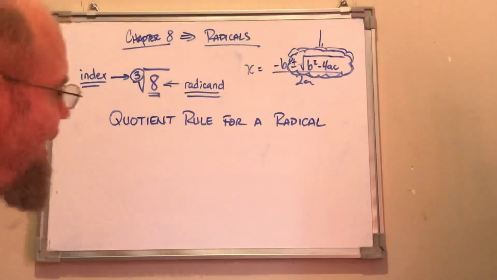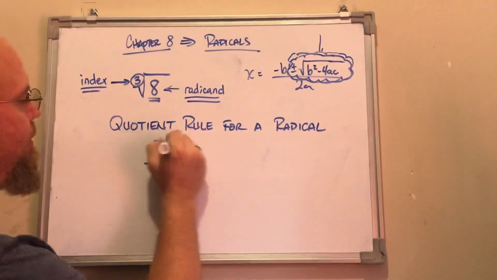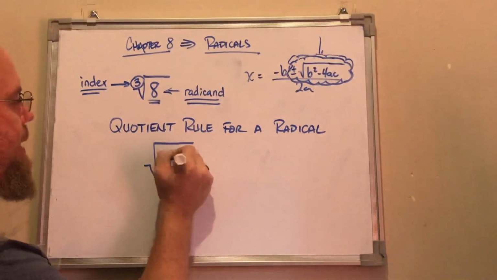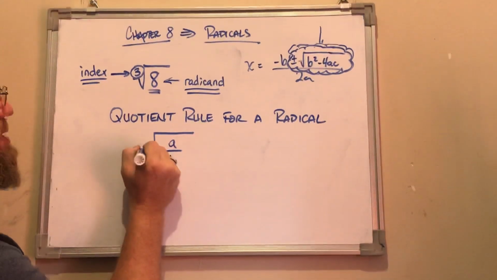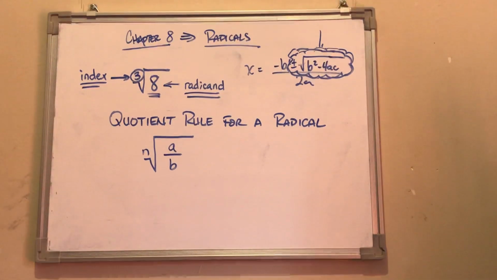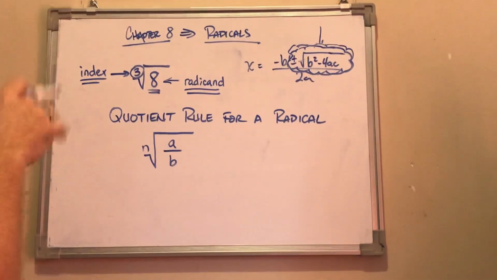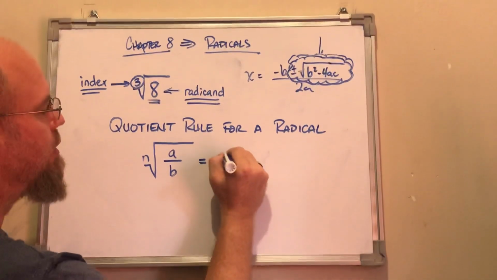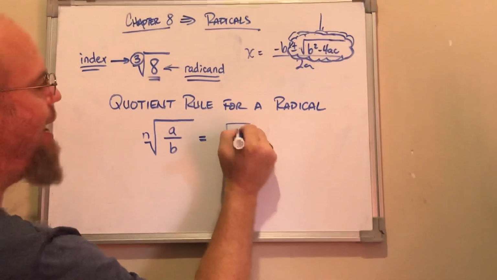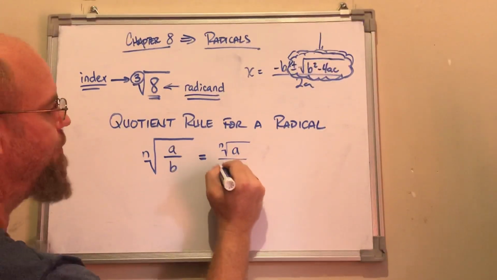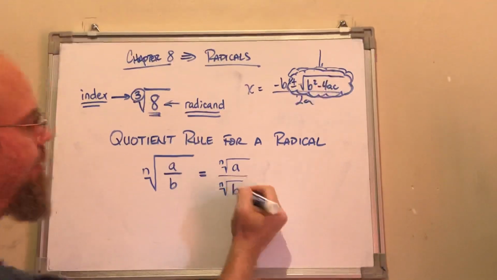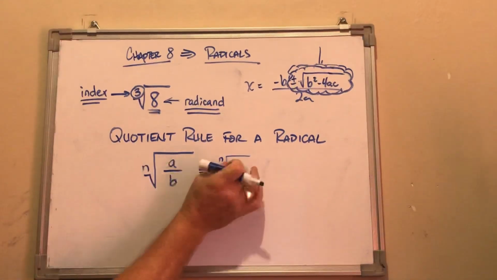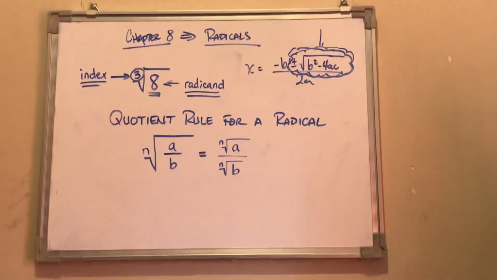Well, the quotient rule says that if I have the radical of A over B to some index, and that index can be 2, 3, 4, 5, that equals the radical of A to that index over the radical of B. We can separate the radical into the numerator and the denominator.